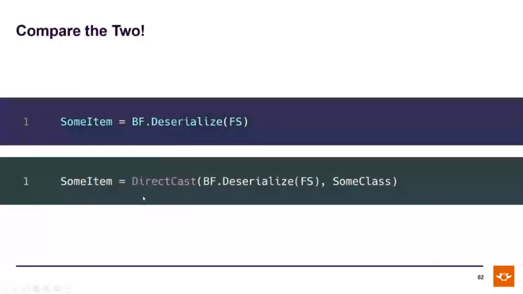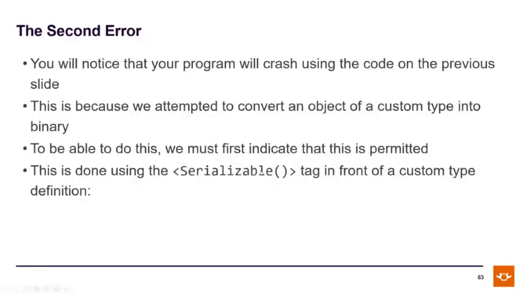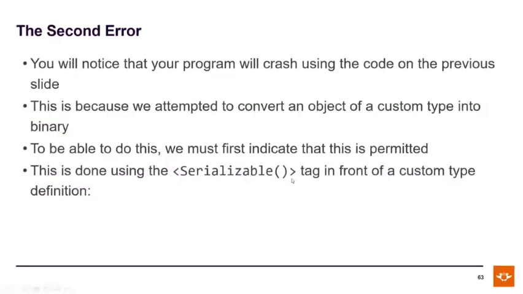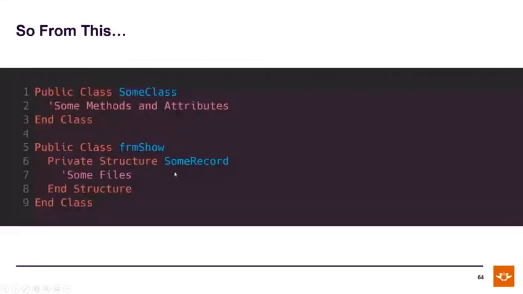Now, the second issue you'll have is the fact that the class itself, the some class we have, was not serializable. Now, that tag itself gets entered before the public, so it says serializable public class or serializable public structure or private.